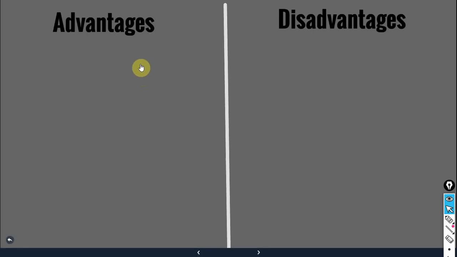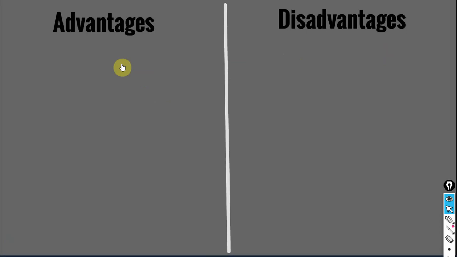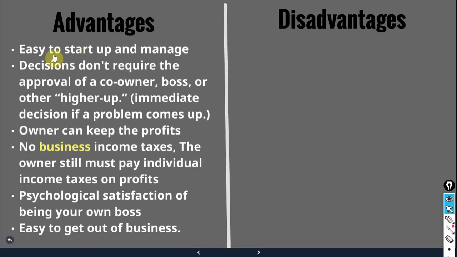So let's look at the advantages and the disadvantages of that type of business. The advantages: it's easy to start up and manage. Decisions don't require the approval of a co-owner, boss, or other higher-up, because that decision can be made immediately by that individual when a problem comes up.